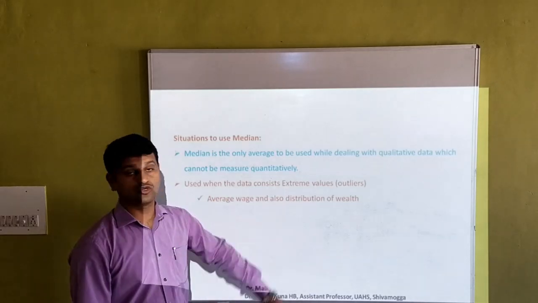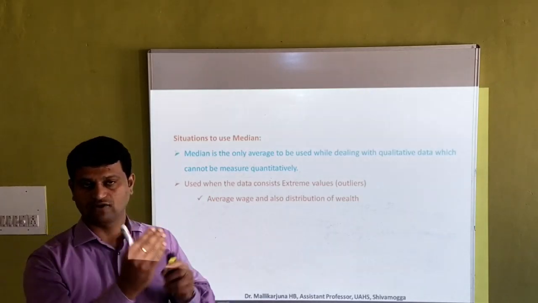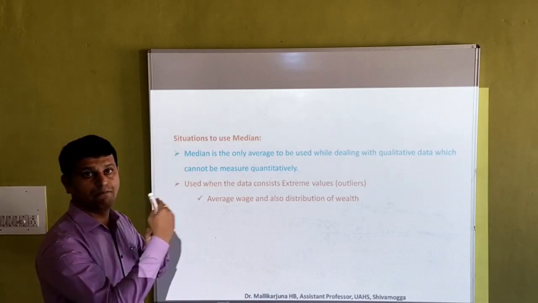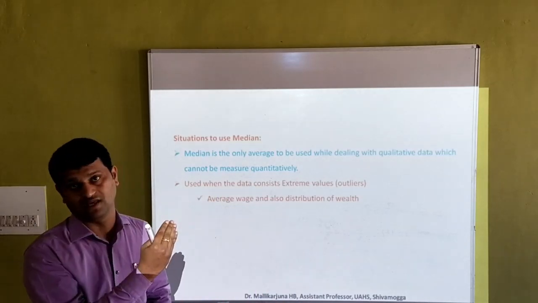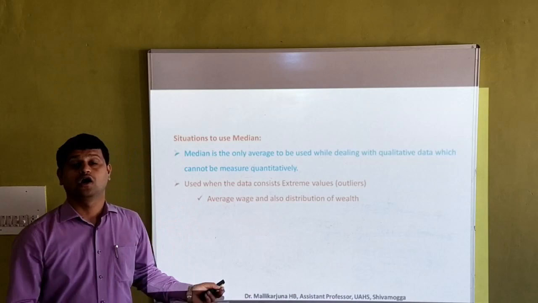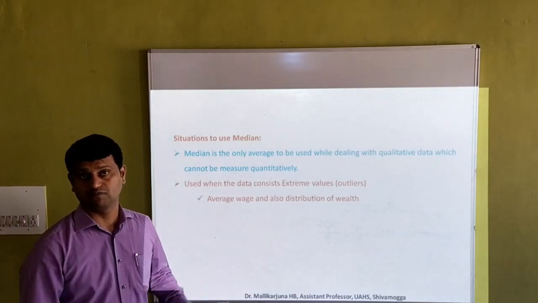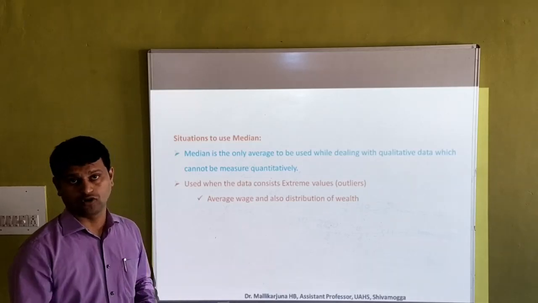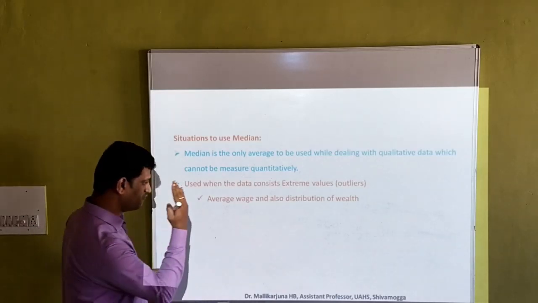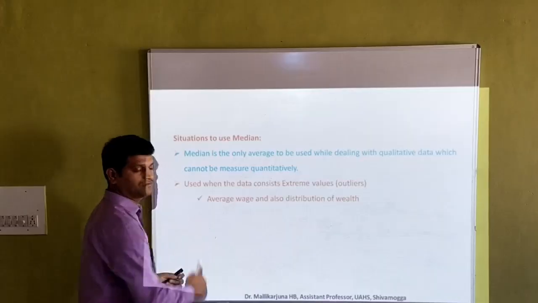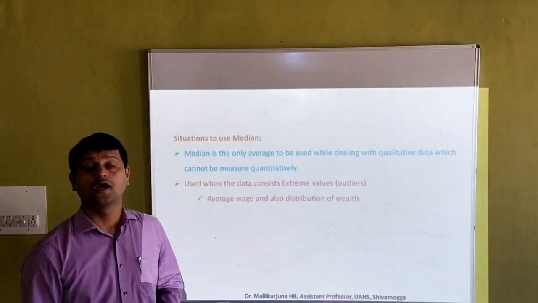Also, in distribution of wealth, to fix above poverty line and below poverty line, the APL and BPL, we have to use median. We should not use arithmetic mean or geometric mean. To fix the positional average, we have to use median.